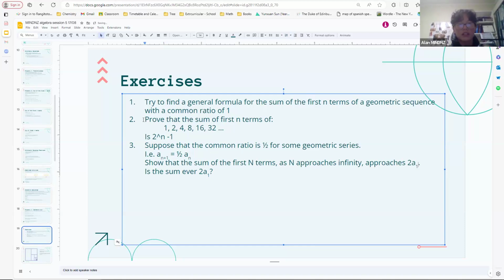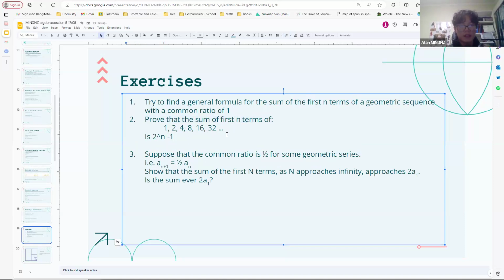So let's try the second exercise. Prove that the sum of the first n terms of 1 plus 2 plus 4 plus 8 and so on is just 2 to the n minus 1. First we need to write out A1 equals 1, and the common ratio R is equal to 2.